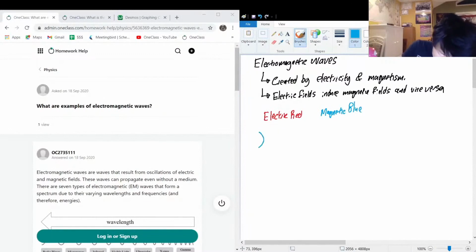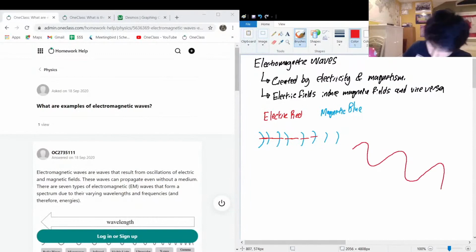We're going to have this and this, which will incite this. I'll just draw these out to make it more clear. But these waves are kind of like this.